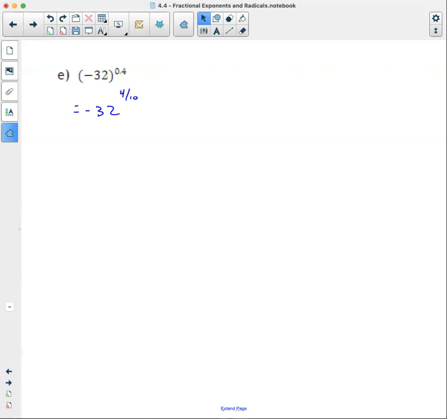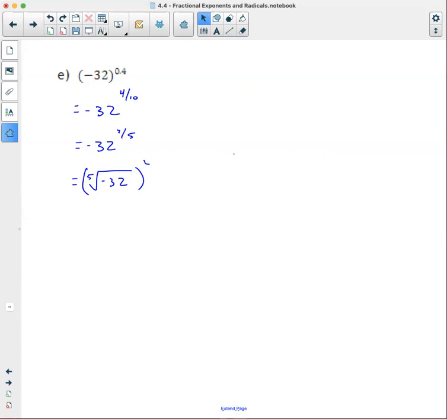Always reduce our fractions if possible. Okay, so 4/10 can be reduced by a factor of 2, so the base is the same, 2/5. So we're taking the 5th root of negative 32 squared.